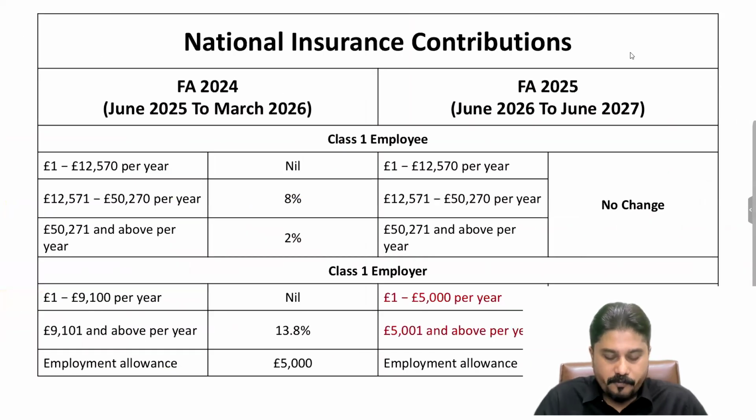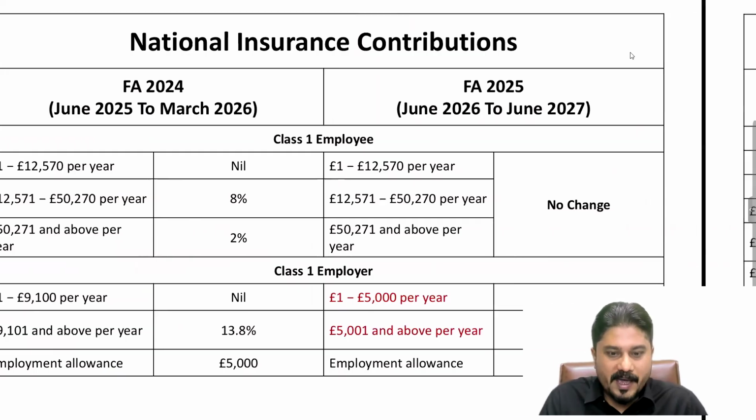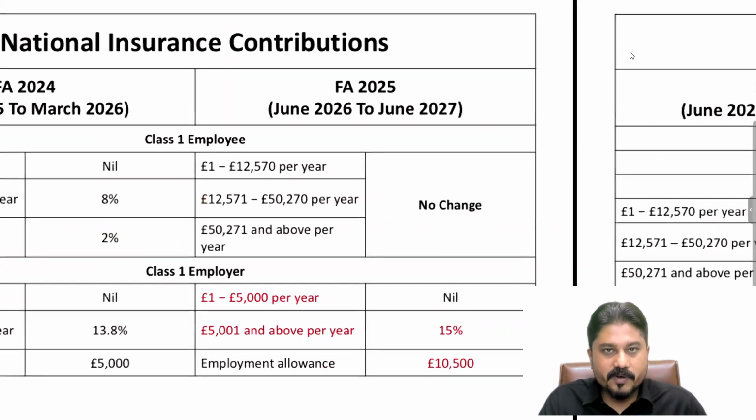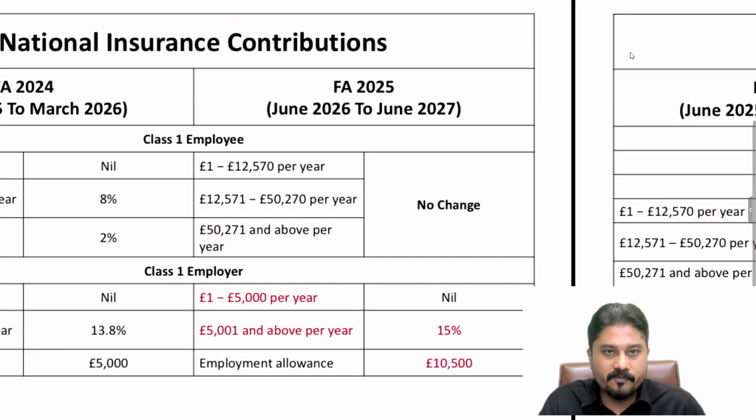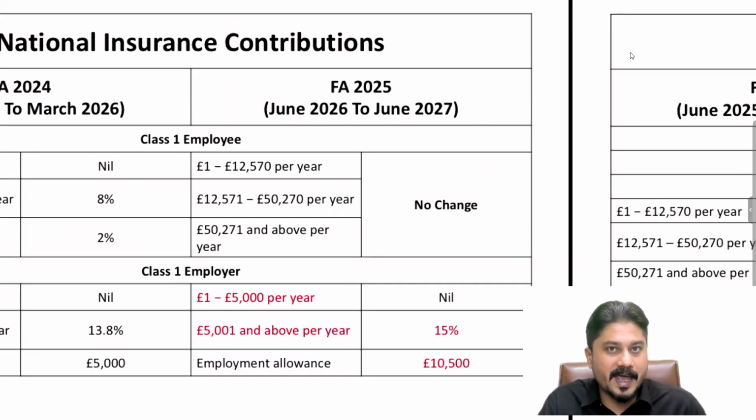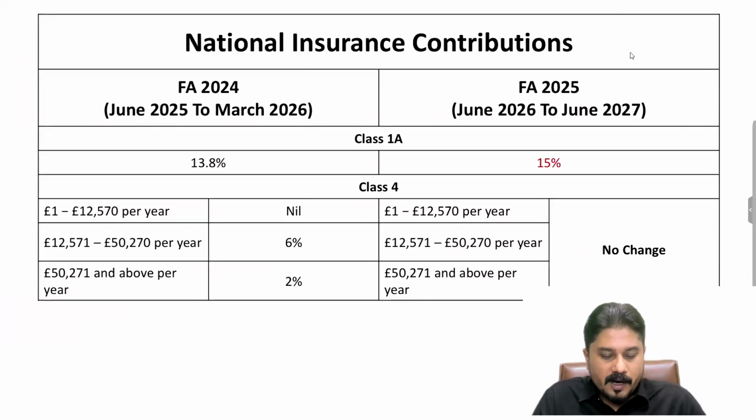Moving forward, if we talk about national insurance contribution, class 1 employer NIC, the limit and the rate and the employment allowance, yes, these are the changes from Finance Act 24 to Finance Act 25 for class 1 employer NIC. For class 1A NIC, 13.8% is increased to 15%, and for class 4 NIC, there is no change at all.